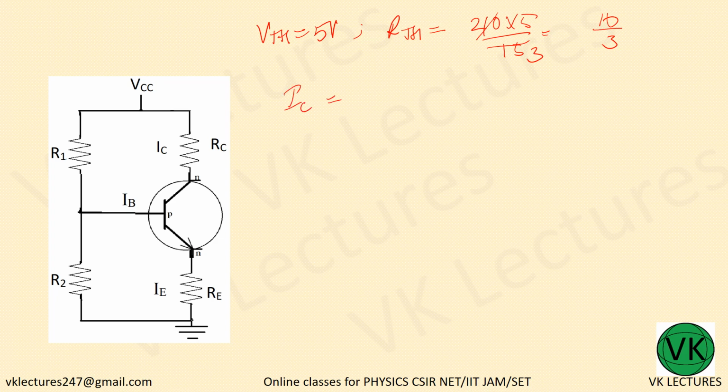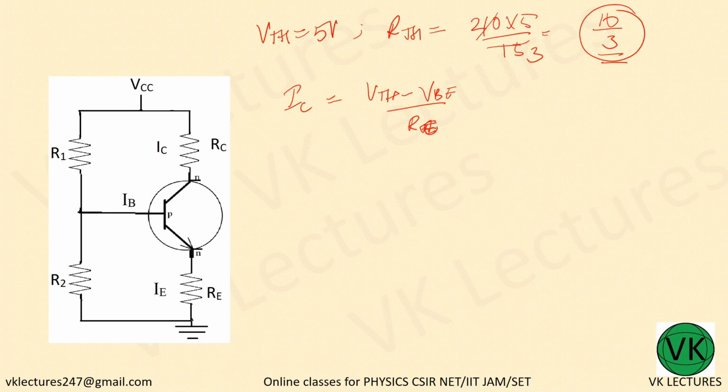IC is equal to VTH minus VBE divided by RE. Actually RTH is also not required.